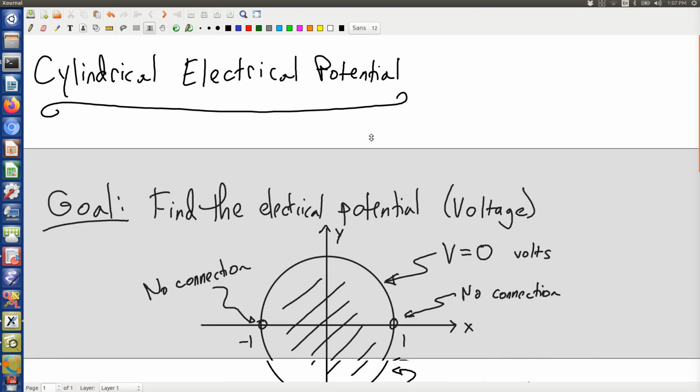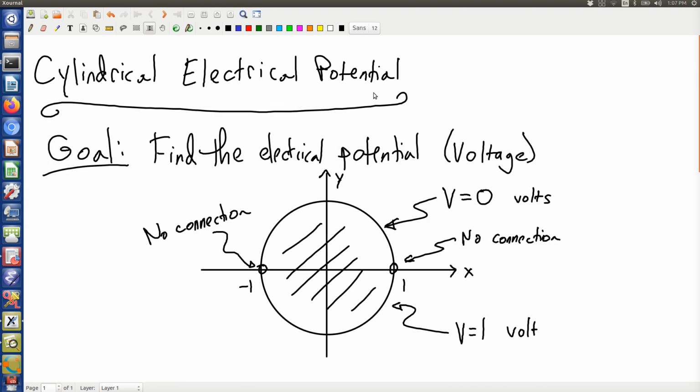Mathematically, the problem is formulated like this. You want to find the electrical potential, or the voltage, on a disk of radius 1, in which there's a top boundary, that's one electrode, and that's kept at a low voltage of 0 volts, and the bottom is at a higher voltage, 1 volt.